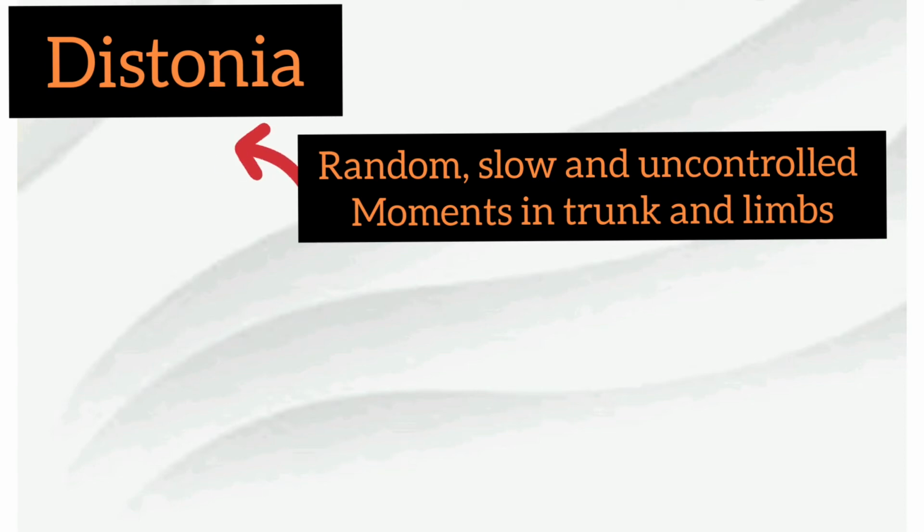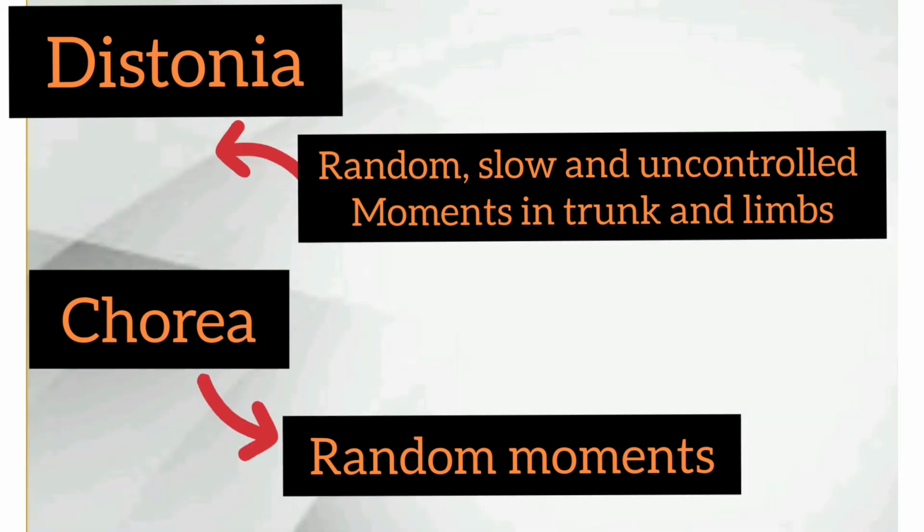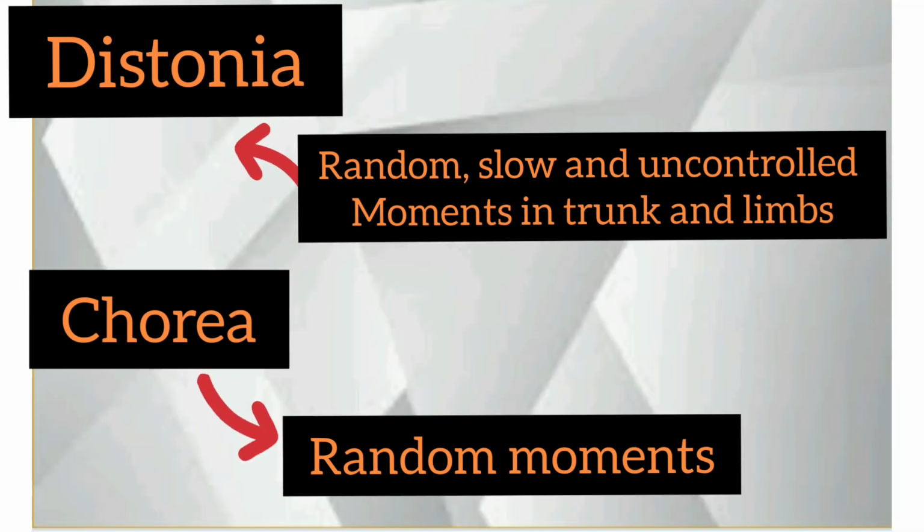Chorea is more like dancing, the body always keeps moving. In dystonia, only sometimes jerks come up, but in chorea they keep dancing with uncontrolled movements. So this is all about dyskinetic cerebral palsy.